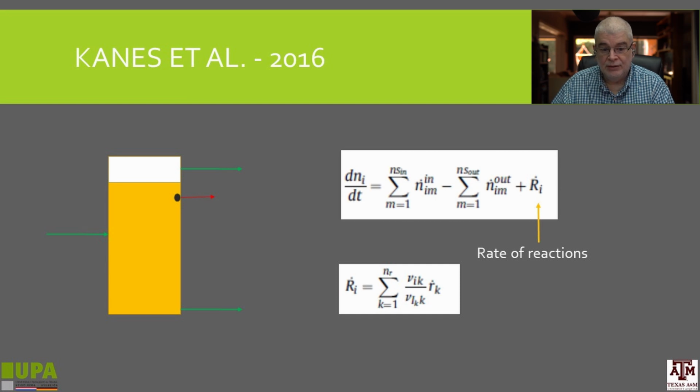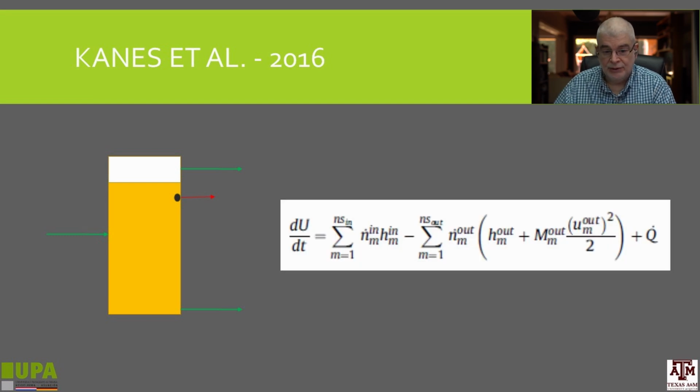I need to do a mass balance on a molar basis, so it's the flow in minus the flow out, and if I have reactions in the system, and there is a reason why this is very important or very useful, now I need to account for the rate of reaction. So I need to write a molar balance for each component, a differential balance, and an energy balance, again accounting for the enthalpies of the streams coming in and going out, and eventually some heat load.